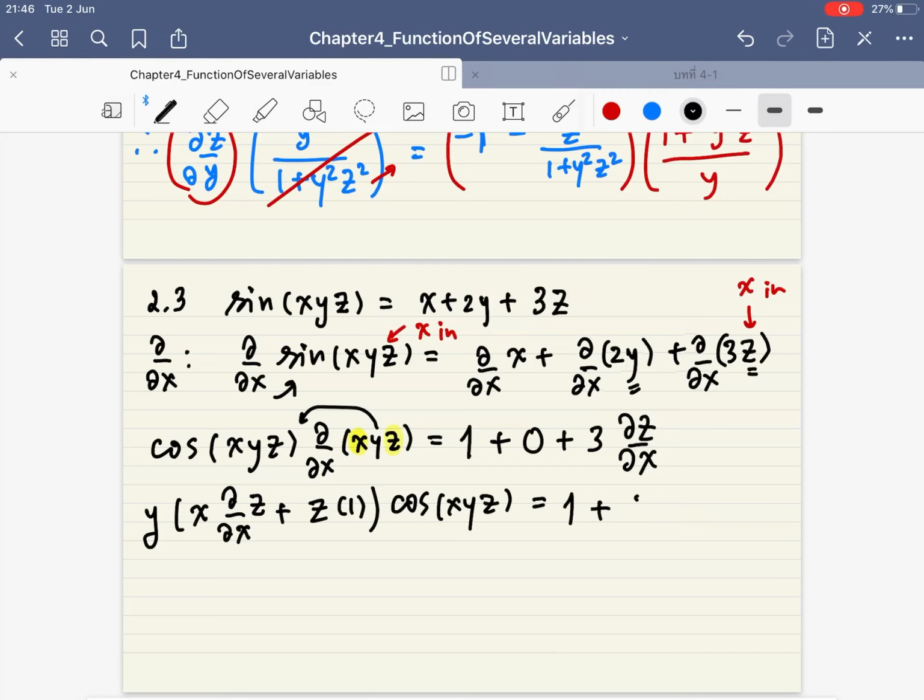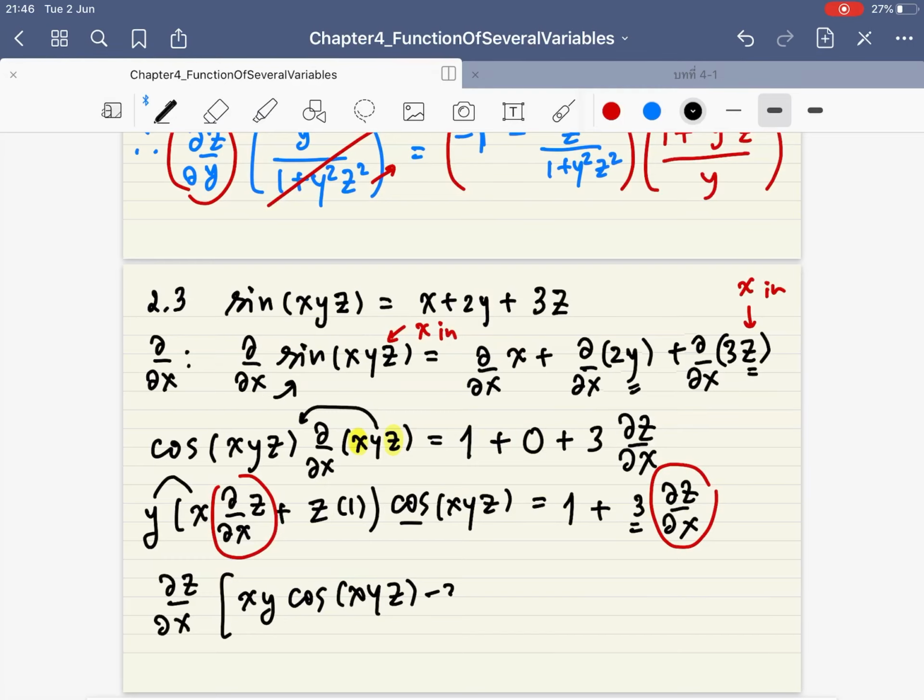This is 1 and 3 dz by dx. So here is what you need. So you combine them together, so the dz by dx. On this one, you not only have the x and y, but you also have a cosine.